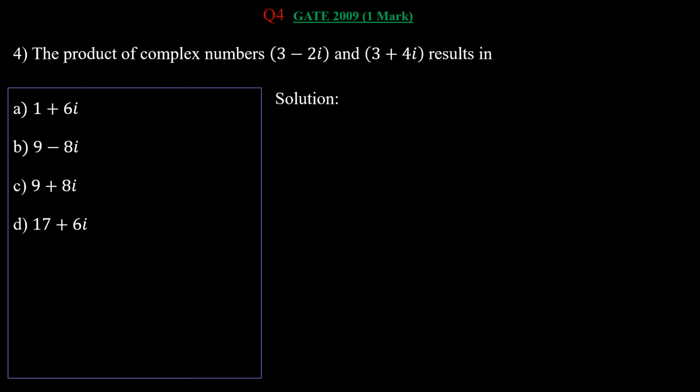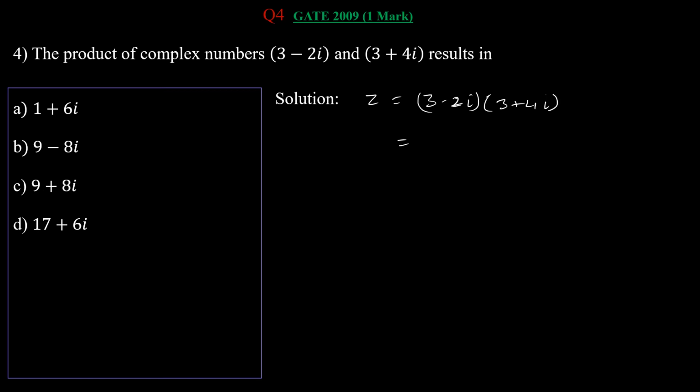Okay, so very quick, we come to the next question. The question was asked in the GATE 2009, the product of the complex numbers. So it is very easy to write. So z is equals to (3 - 2i) into (3 + 4i). So how we multiply?